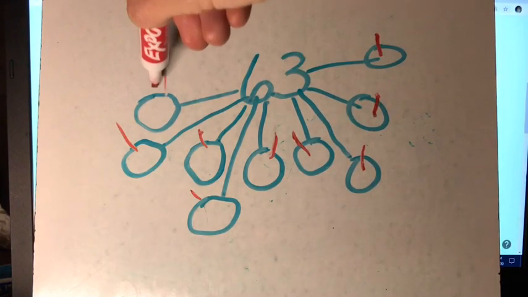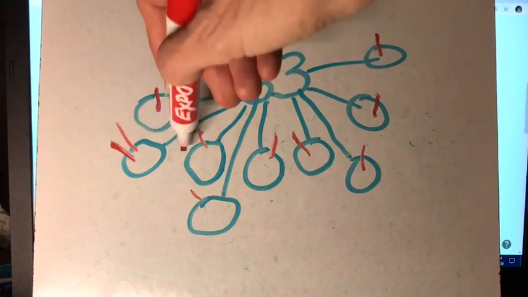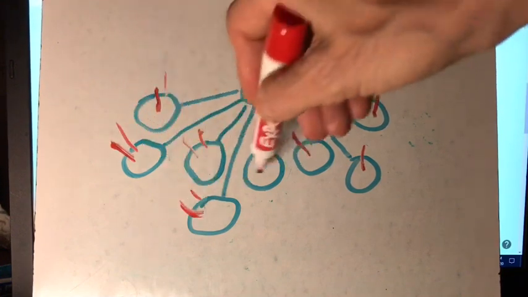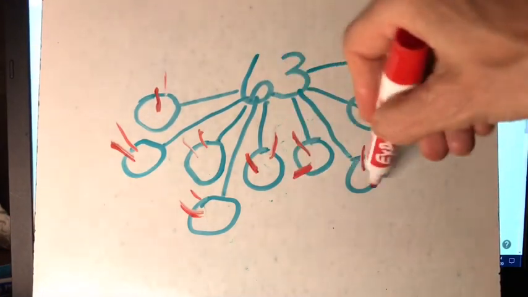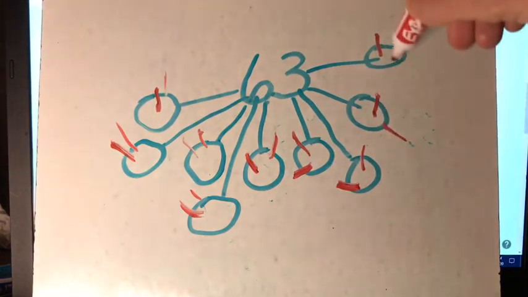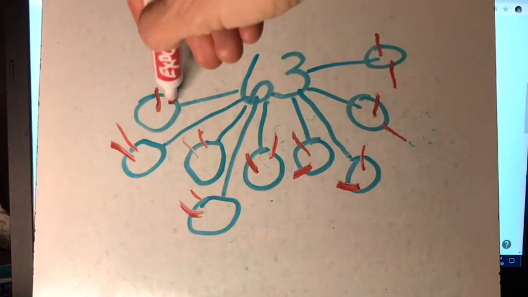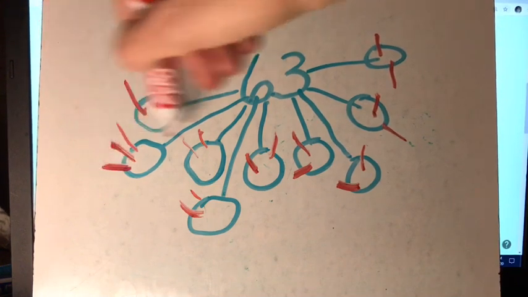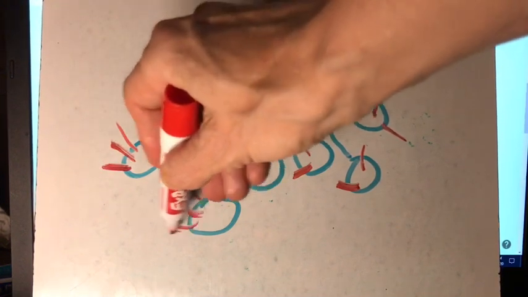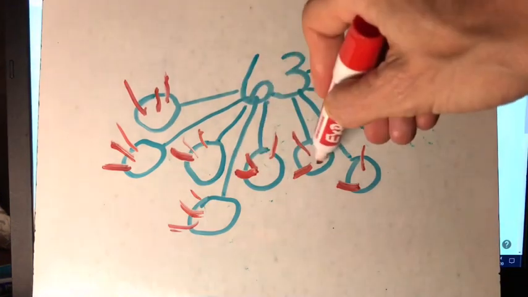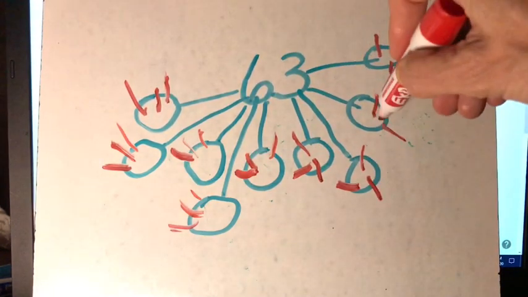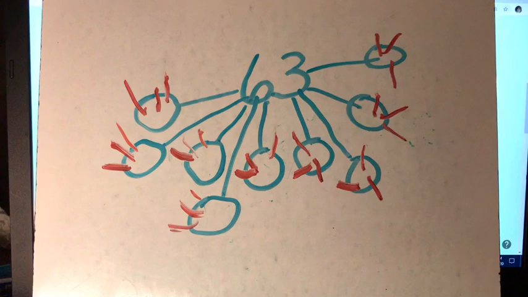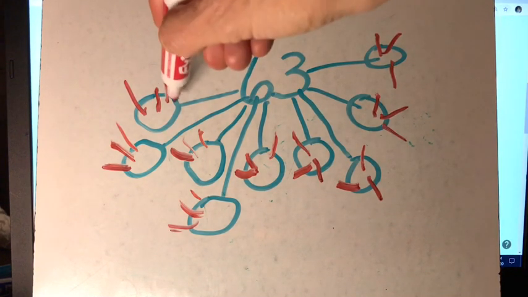Then I keep going. 10, 11, 12, 13, 14, 15, 16, 17, 18, 19. This one already had one. 20, 21, 22, 23, 24, 25, 26, 27. So they each have 3, but I'm only at 27. I have to get to 63.